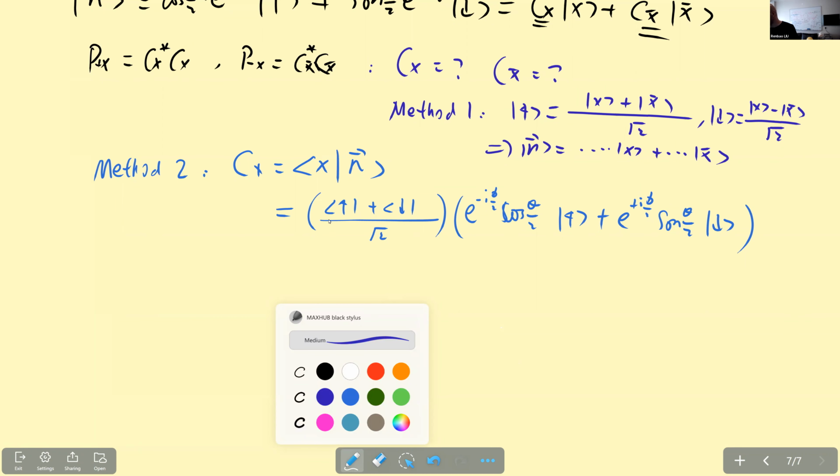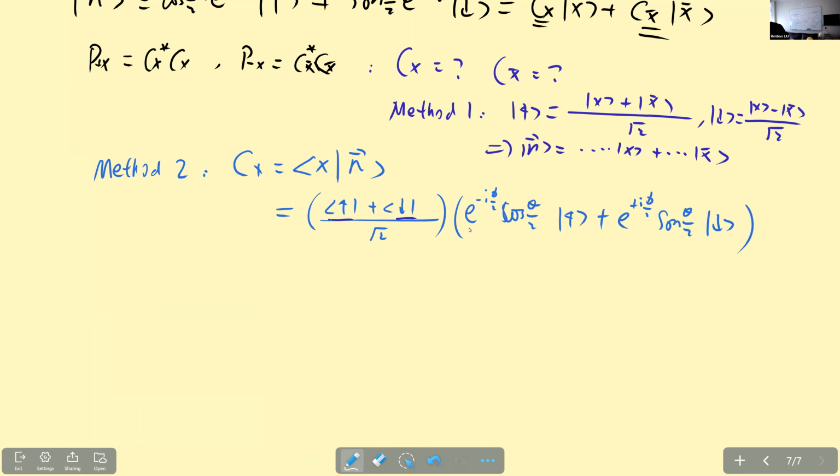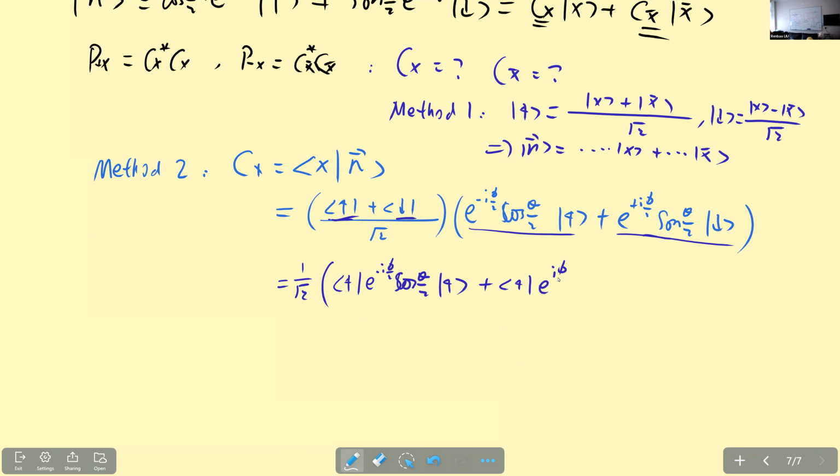Right. So here you have one term, two terms, right? Here you have one term, two terms. So the products of them will give us 4 terms, right? So the result will be 1 over square root of 2. Let's look at the first term. The first one will be spin up, e to minus i phi over 2, cosine theta over 2, spin up. That's the first term, right? And then this one times this one, that will be the spin up, e to i phi over 2, sine theta over 2, spin down, right?